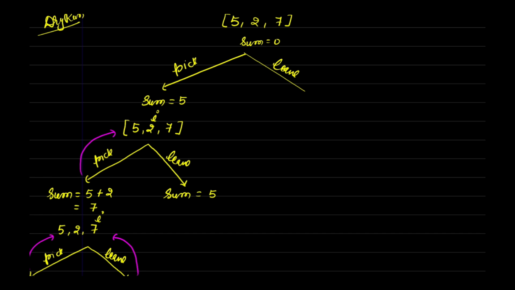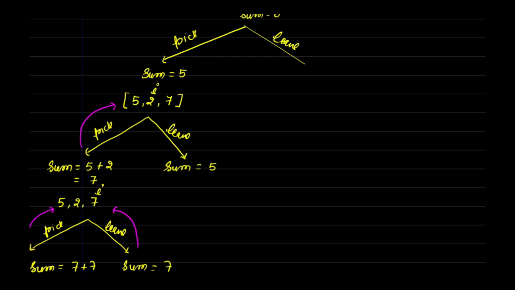Now here in the leaving part, my sum is 5 and my array is 5, 2, 7. My index is here.